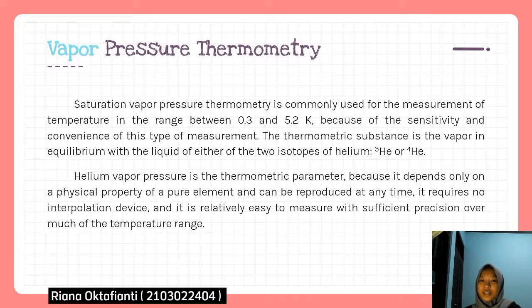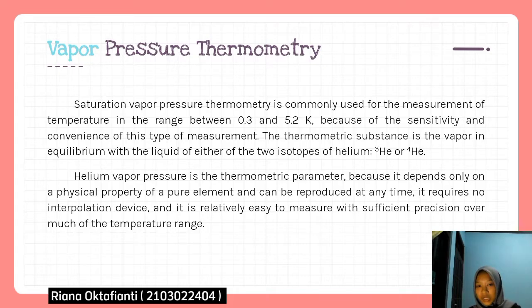Saturation vapor pressure thermometry is commonly used for the measurement of temperature in the range between 0.3 and 5.2 Kelvin. Because of the sensitivity and convenience of this type of measurement, the thermometric substance is the vapor in equilibrium with the liquid of either of the two isotopes of helium, helium-3 and helium-4.